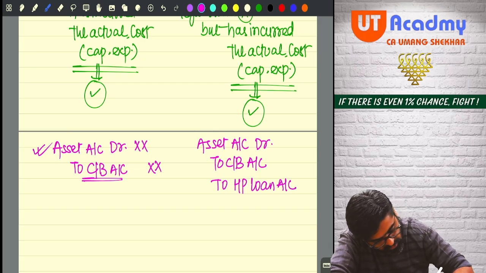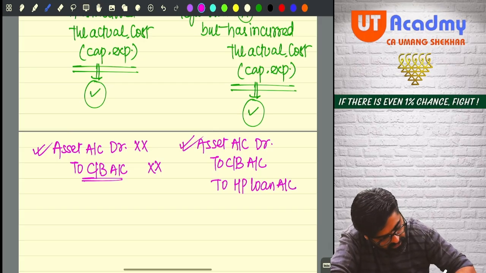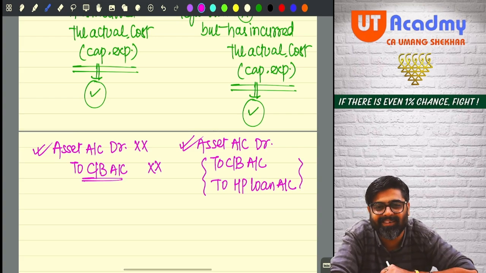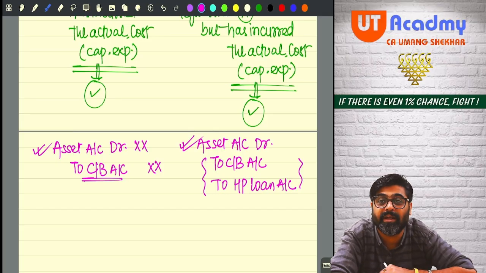Whatever the cost of this asset, the assessee is only meeting, no? So that cost should be allowed to him in the form of depreciation by treating him as a beneficial owner. Will you remember this?